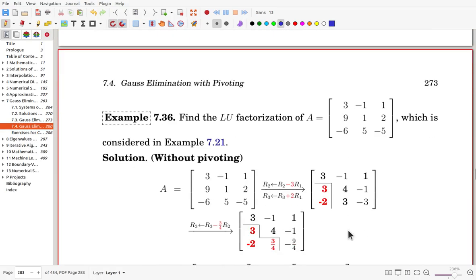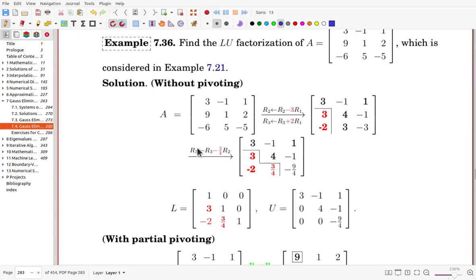Here we have an example. Find the LU factorization of A. We have a 3 by 3 matrix. We already considered this matrix in an earlier example. Without pivoting, here we have 3. The ratio considered is 3, which is this one. And that is the inverse operation of that row replacement.